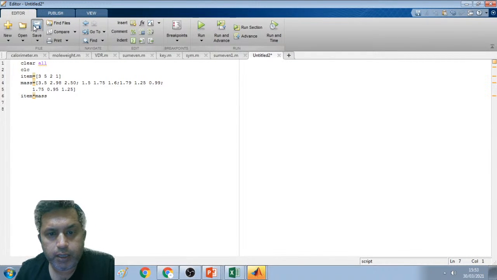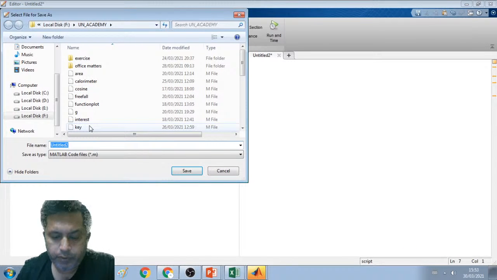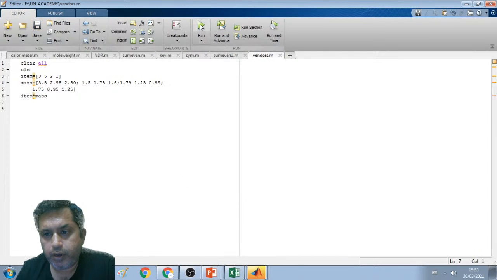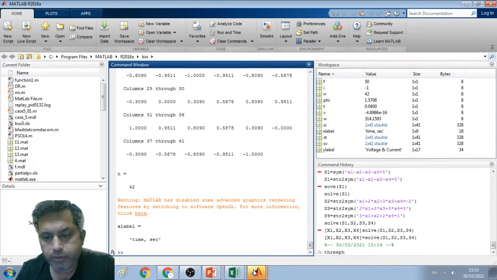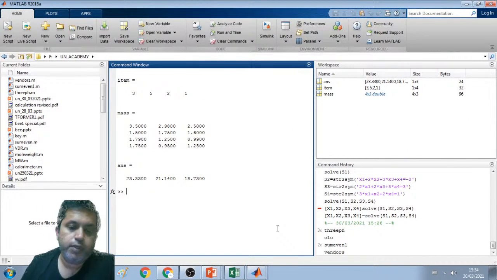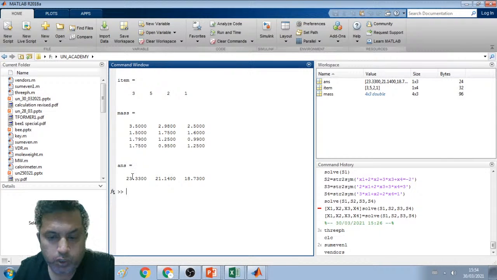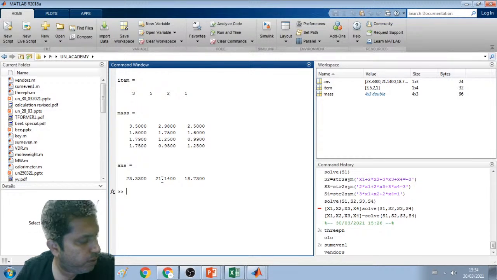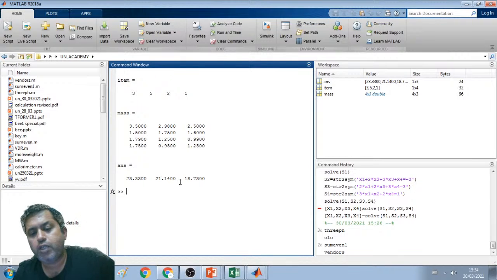I will save it as vendors like that, and then see, yeah, isn't it? So this is total mass for first vendor, total mass for second, total mass for third vendor.